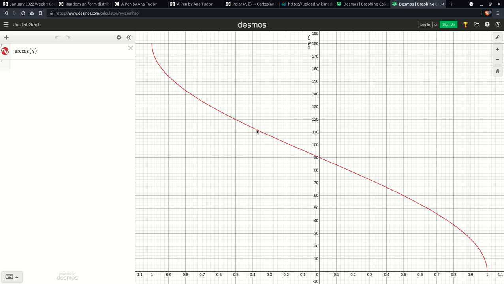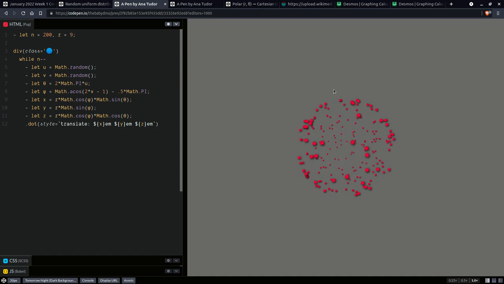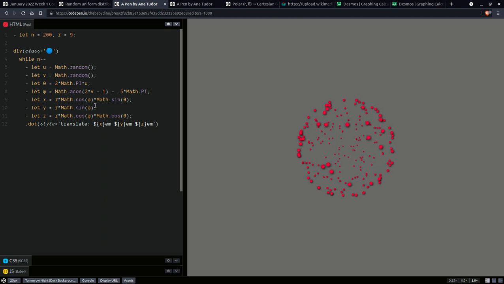So we get a random number there, but it's less dense at the ends, it has lower probability at the ends and higher probability in the middle. And that's how we are compensating correctly so that we have a uniform distribution all across the sphere and we don't get that pole issue.